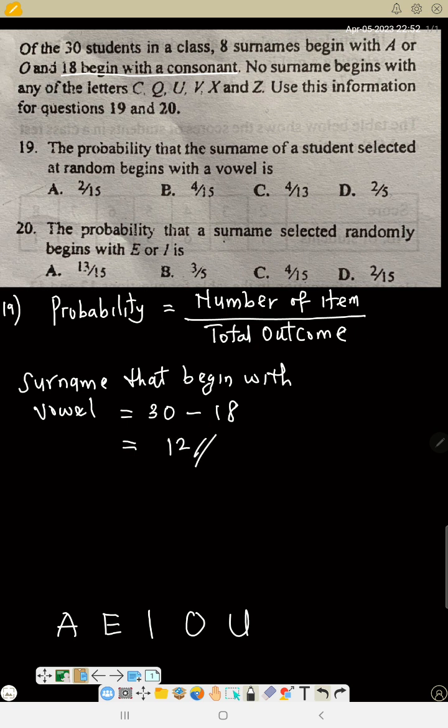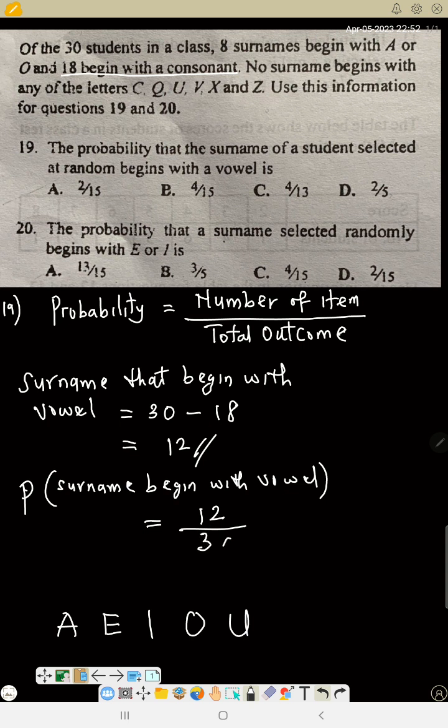So that means 12 begin with a vowel. Now the probability that a surname begins with a vowel will be equal to the number of surnames that begin with a vowel, 12, over the total outcome, 30.